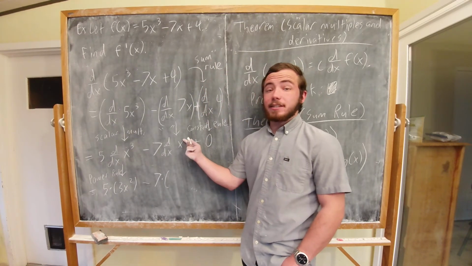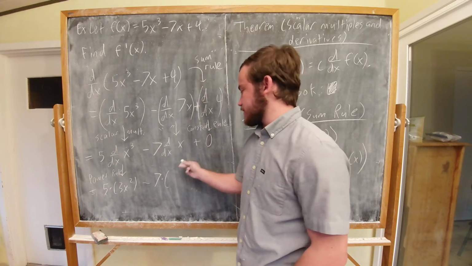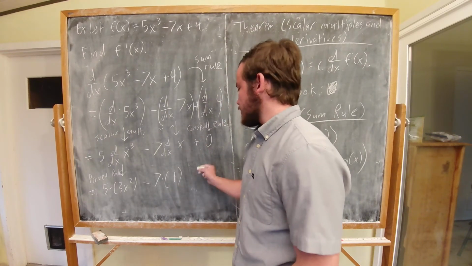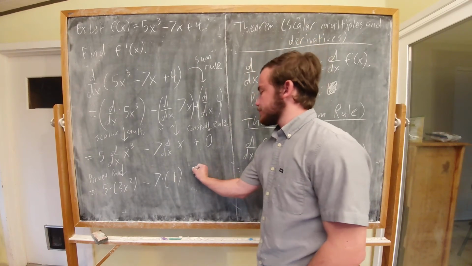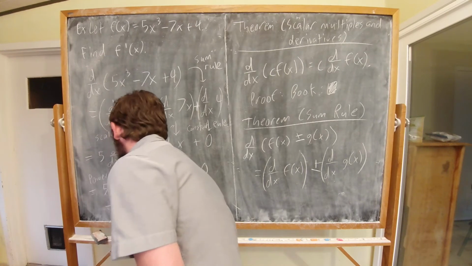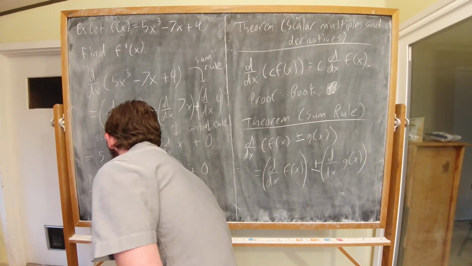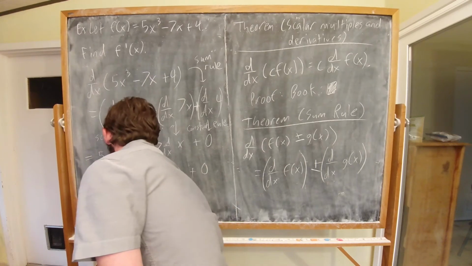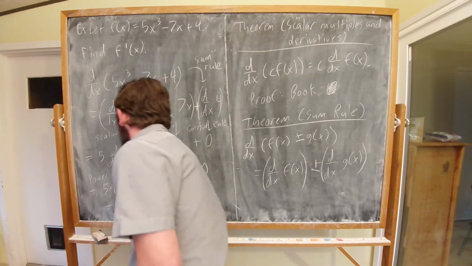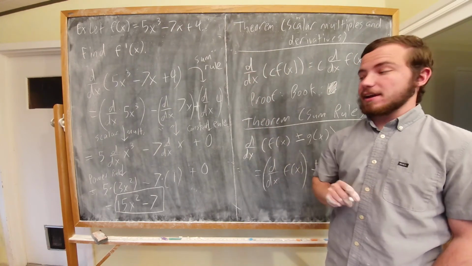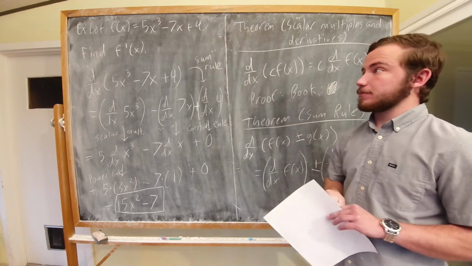So this is x to the first, 1 pulls in front, and we're left with just 1, plus 0. Cool. So this will be 15x squared minus 7. And that is our final answer. f prime of x is 15x squared minus 7.